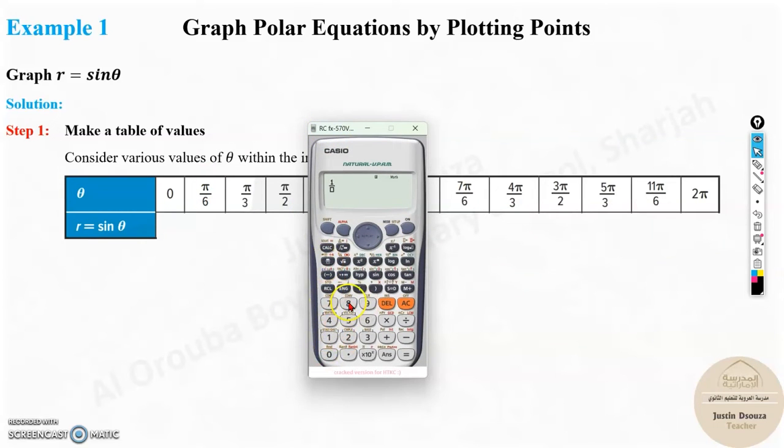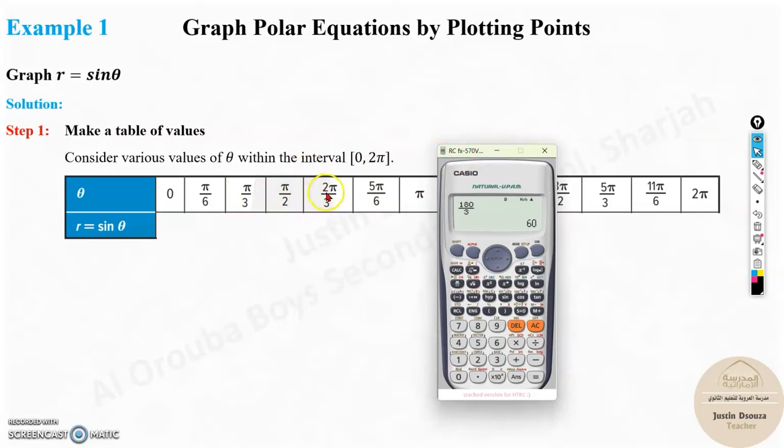We have done it in the last lesson. Instead of pi, put 180 and then write it as it is. Now, pi by 6 is 30 degrees. And similarly, you can check the other ones. Pi by 3 will be 60. Then this is 90, 120, 150, 180.